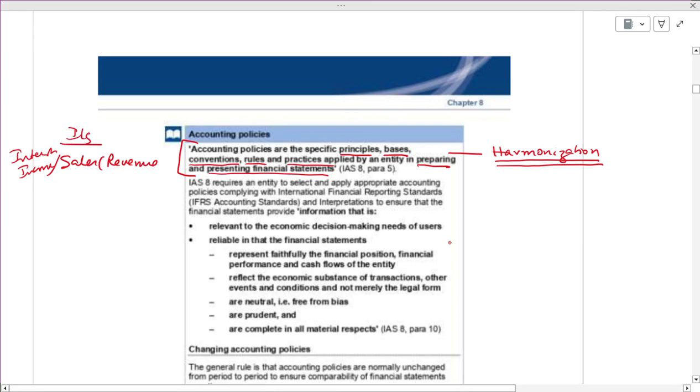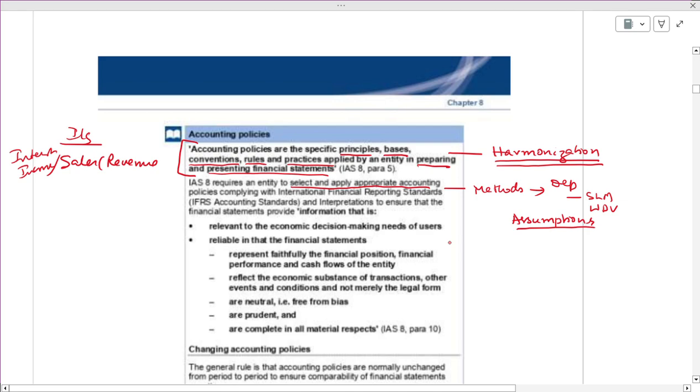IFRS requires that the entity has the options to select and apply accounting policies. They will give you different methods. For depreciation, there are different methods: straight line method, reducing balance method. They gave you the methods, and now you have the option to select. That is the reason every manager and every company has their own assumptions.